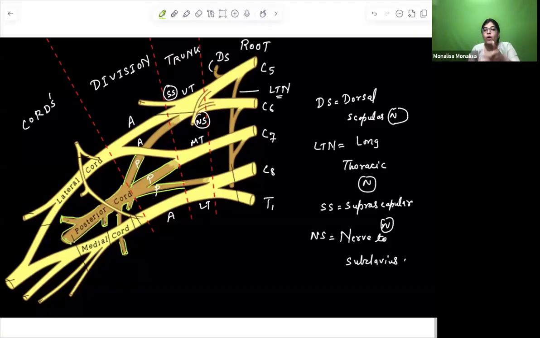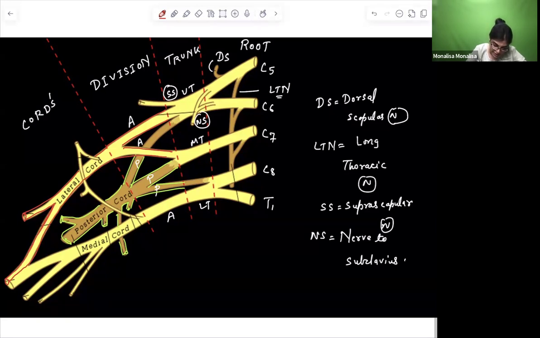Let's go with the lateral cord, posterior cord and medial cord. Now, here you can see the anterior divisions of the upper and the middle trunk will join to form which cord? The lateral cord of brachial plexus.